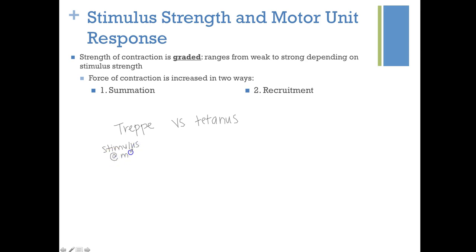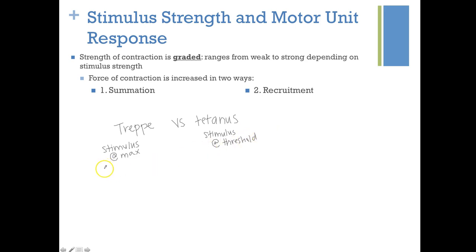So what that means is all of our motor units are activated, stimulated. Whereas with tetanus, our stimulus is just at threshold, and we're just using one motor unit with this.